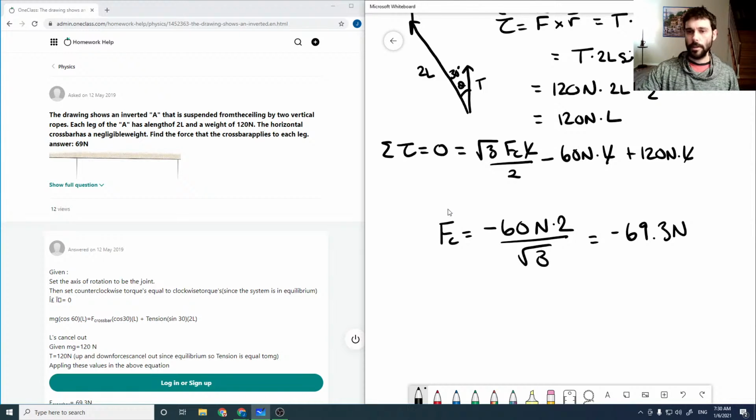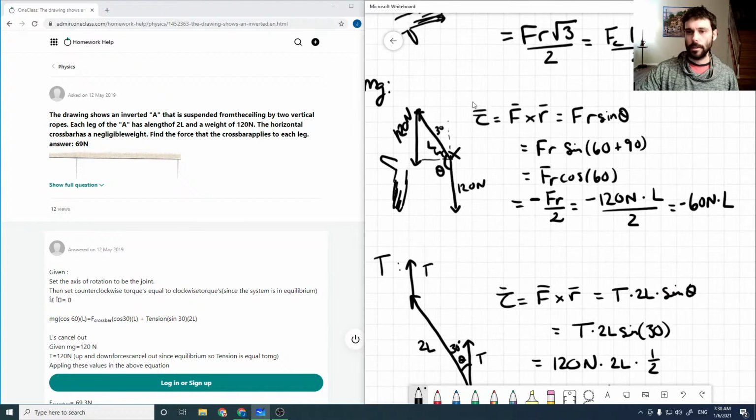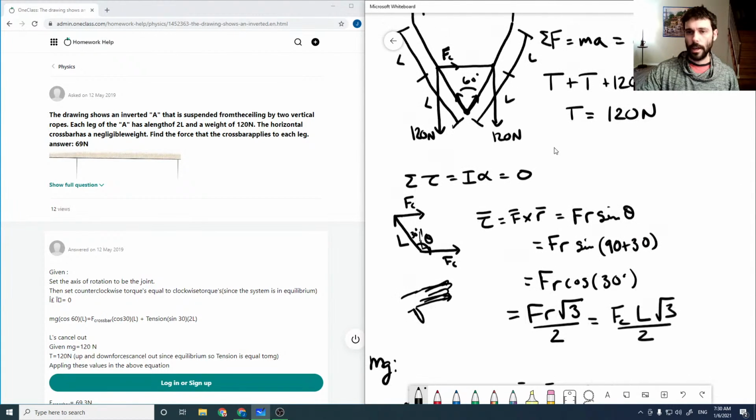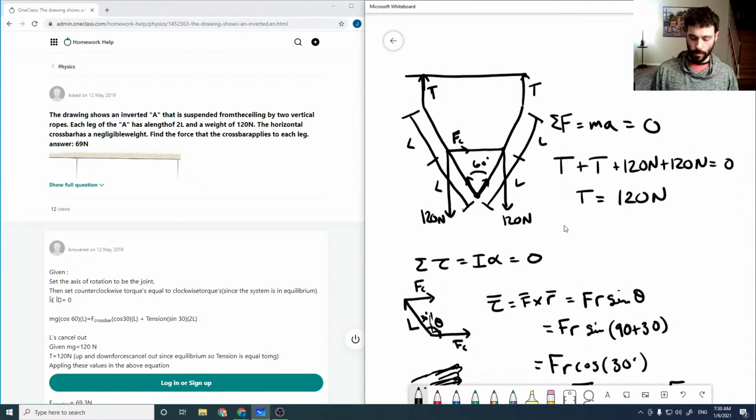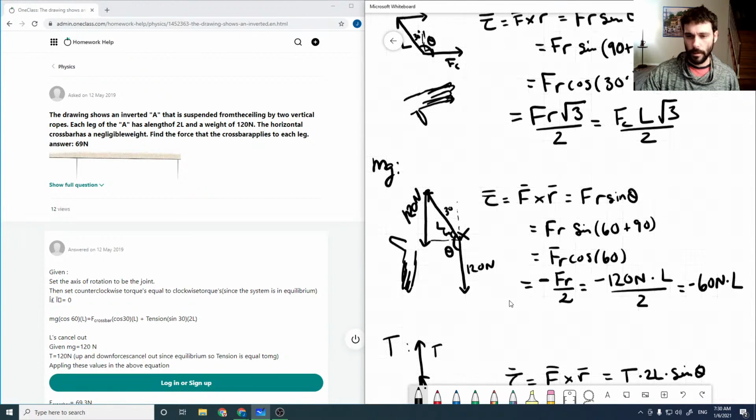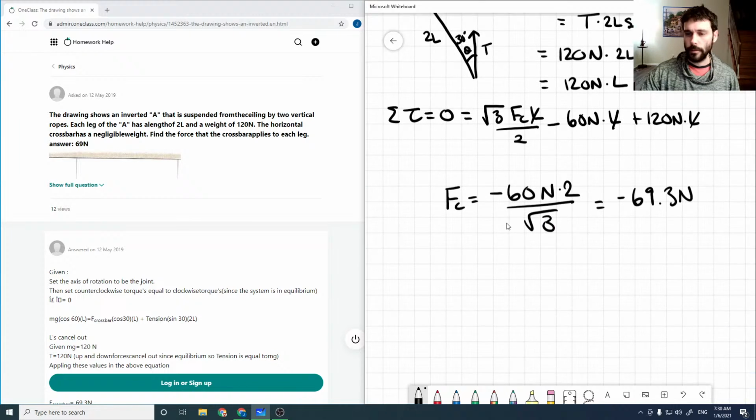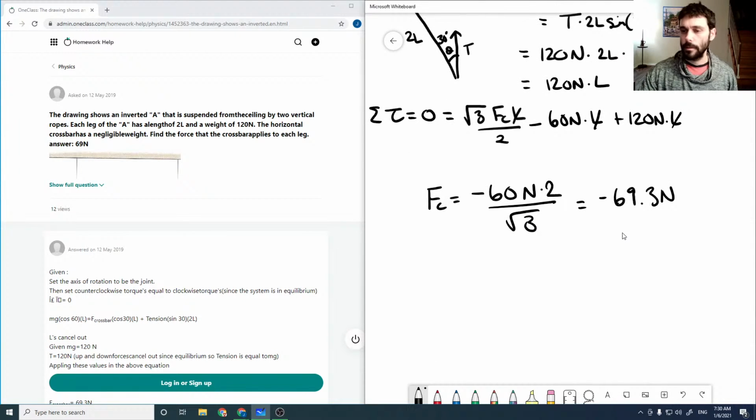So the negative sign just means that I initially chose the FC in the wrong direction, so it doesn't pull the A in, it actually pushes the A out. But the magnitude of the force is 69.3 newtons.